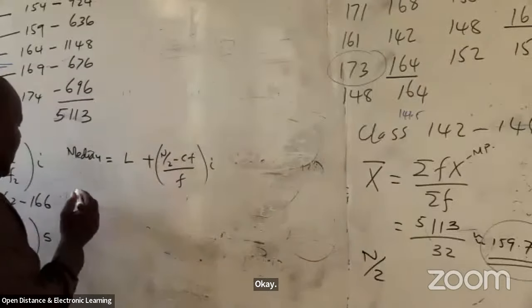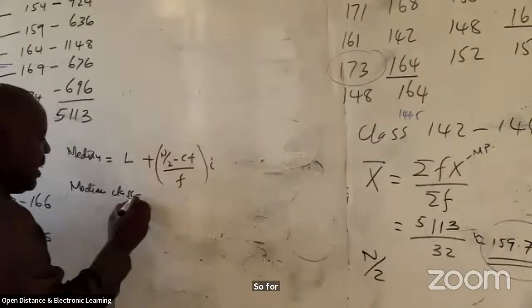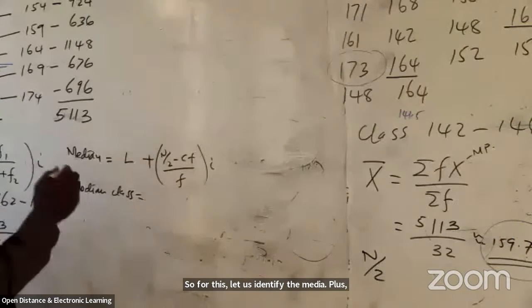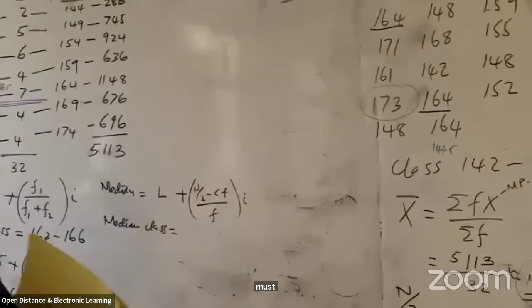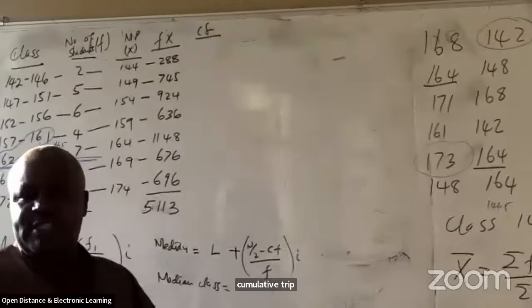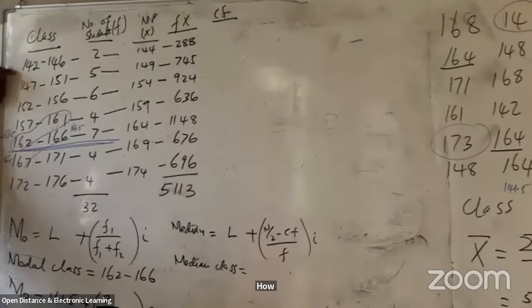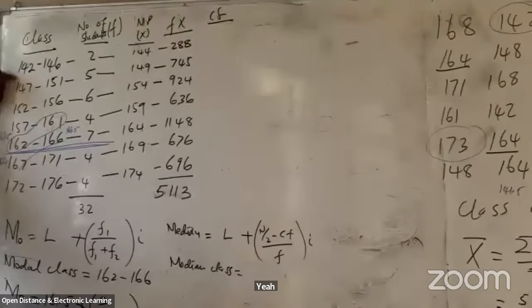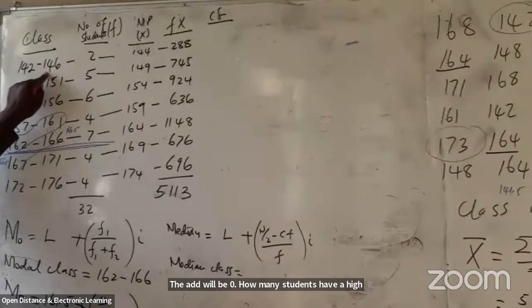So from this, let us identify the median class. How do we identify that? We must generate the cumulative frequencies. How do we generate the cumulative frequency? We ask ourselves, how many students have a height of less than 142? The answer would be 0. How many students have a height of up to 146?